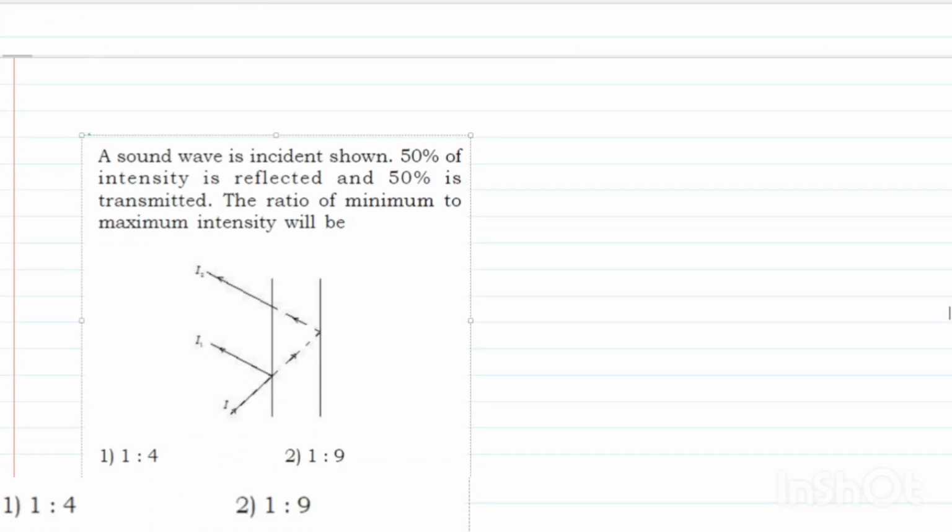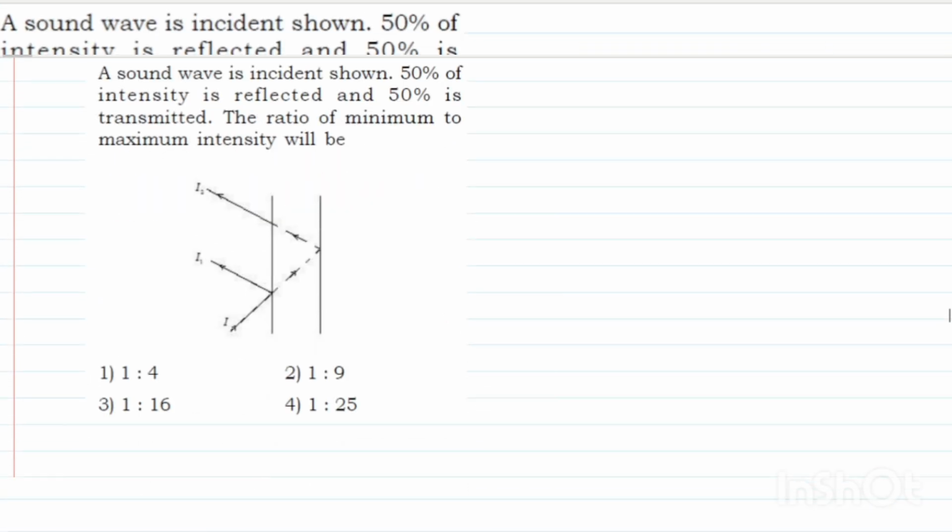Let us take the next question, students. Here a sound wave is incident as shown. 50% of the intensity is reflected and 50% is transmitted. They are asking for the ratio of the minimum to the maximum intensity. Here I is the intensity of the initial wave. At this point, of the total intensity, 50% is reflected and 50% is transmitted.